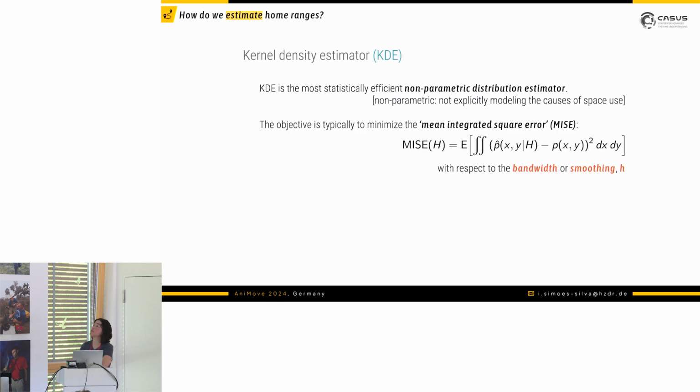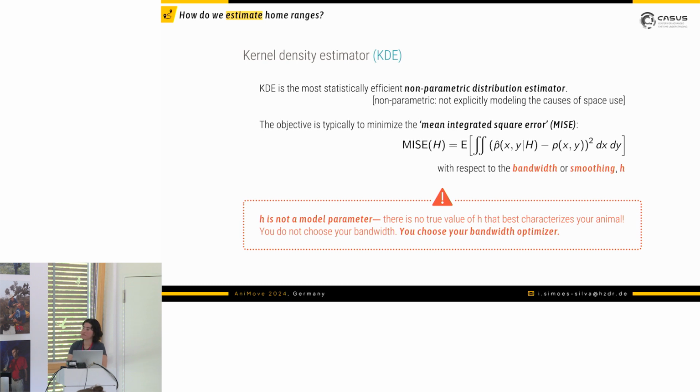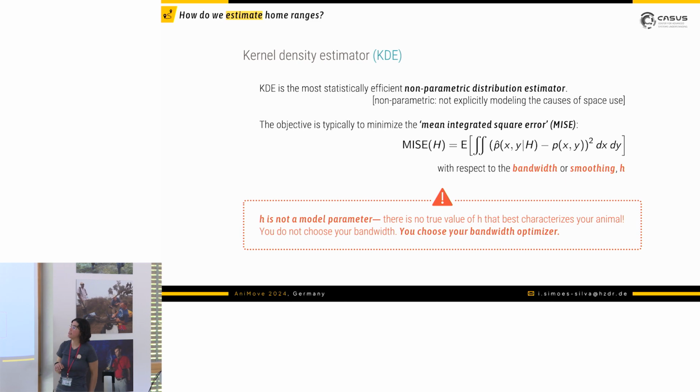Yeah, and as Chris was just telling us, the idea is to minimize this mean integrated square error with respect to the bandwidth, so the square difference between the estimated density and the true density. And obviously, since we don't know the true density, we're trying to estimate this mean integrated square error, which basically depends on the bandwidth optimizer.